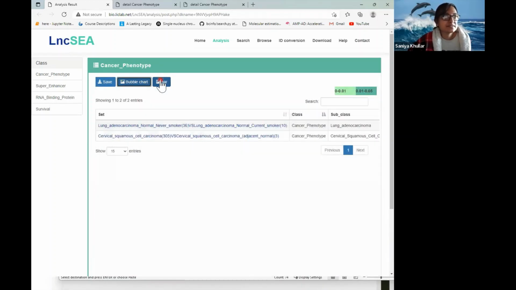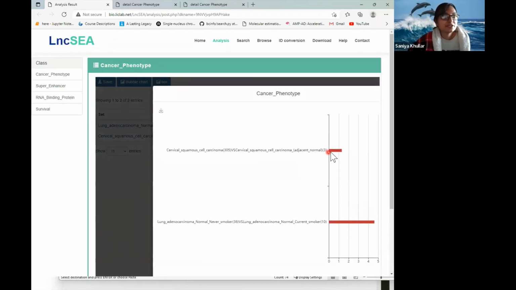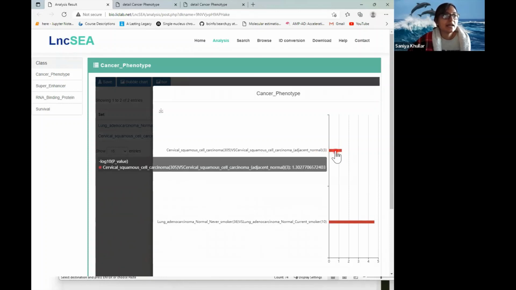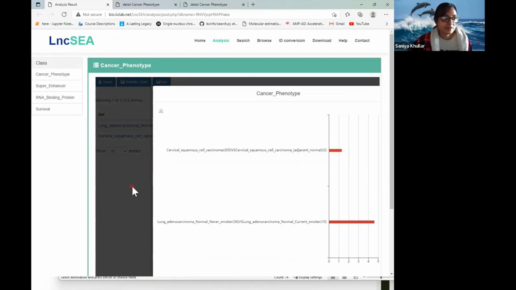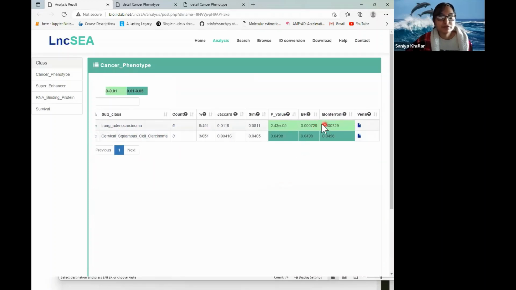One of the things I want to show you guys is a bar chart. Typically, they have negative log 10 p-values, and why we take negative log 10 p-values is because the p-value could be on a very varying scale. As we can see from here, the p-value could really vary from like 10 to the -5, and this one is not.